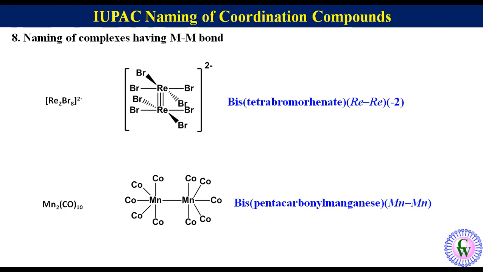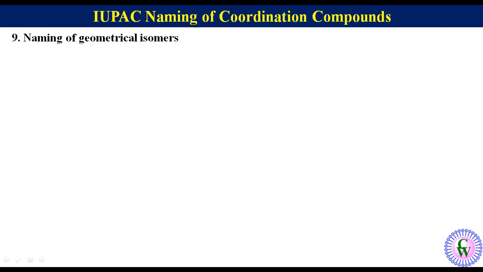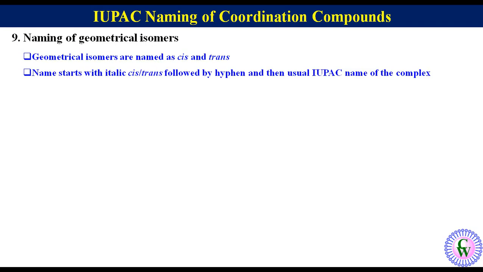Point number 9. Naming of geometrical isomers. Geometrical isomers are named as cis or trans. The name starts with italic cis or trans followed by a hyphen and then the usual IUPAC name of the complex.